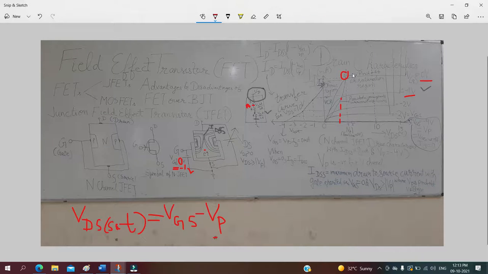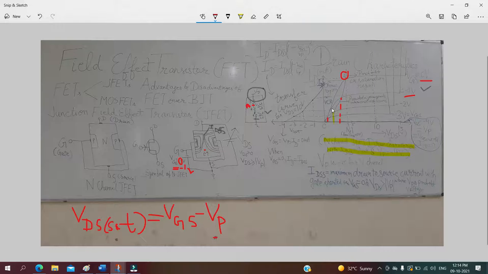Here I have drawn the characteristics for N channel, for an N channel JFET with IDSS of 8 milliampere and VP of minus 4 volt. These two parameters, pinch off voltage and IDSS, the maximum drain to source current with the gate shorted, are fixed for a given JFET. Now when VGS is increased negatively, pinch off occurs at lower value of VDS.